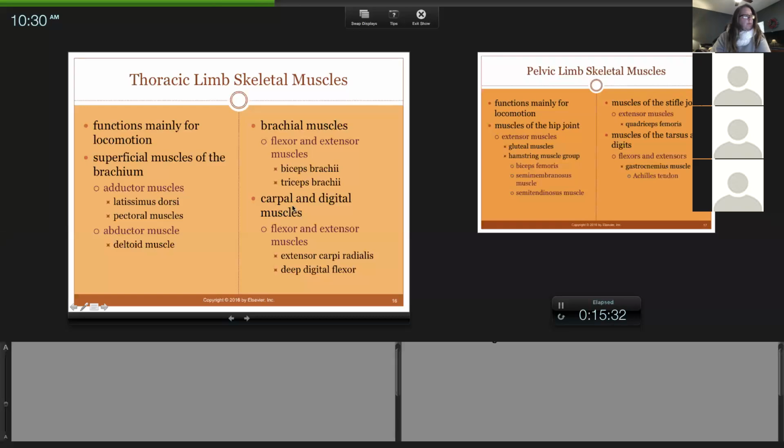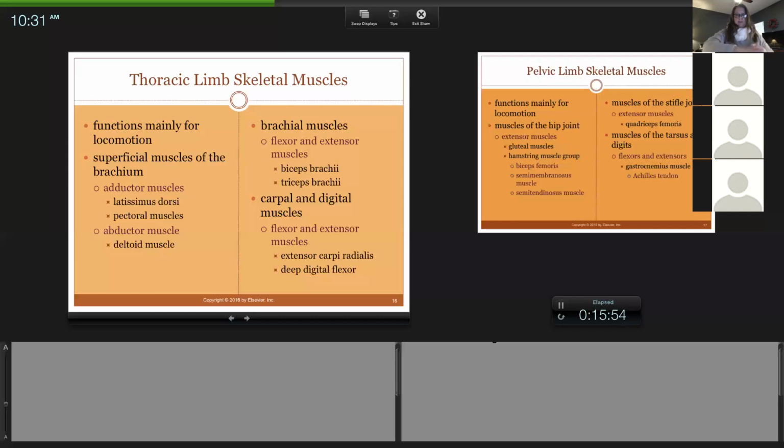Now, carpal and digital muscles, we're speaking of wrist and we're speaking of the digits, like our fingers, their little toes. The one that I have on your paper is extensor carpi radialis. And I will literally get people tell me this is a muscle of flexion. Extensor is in the name.